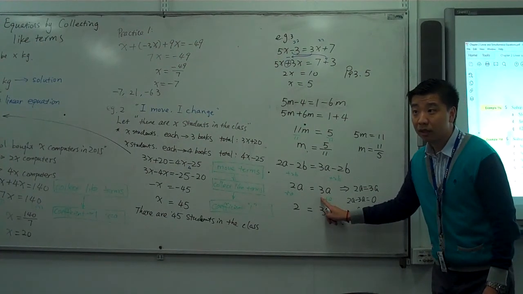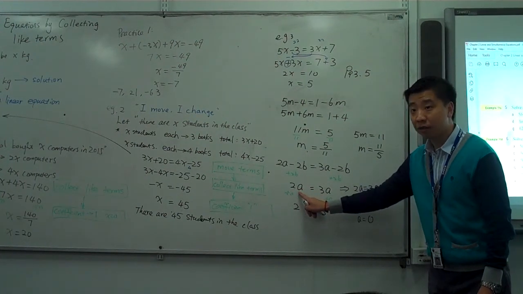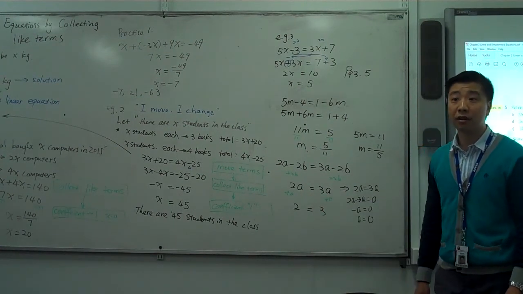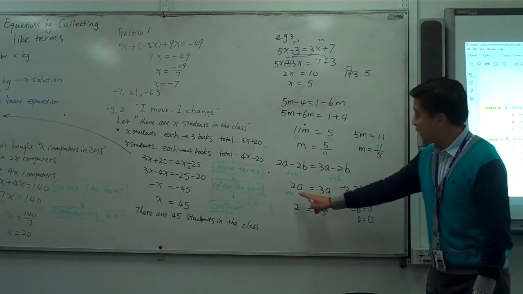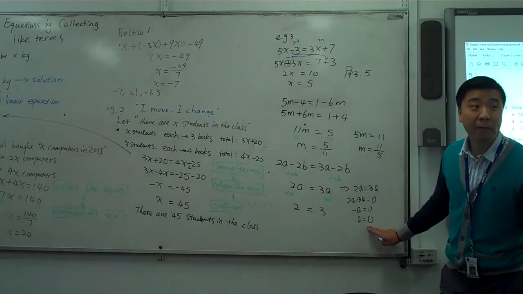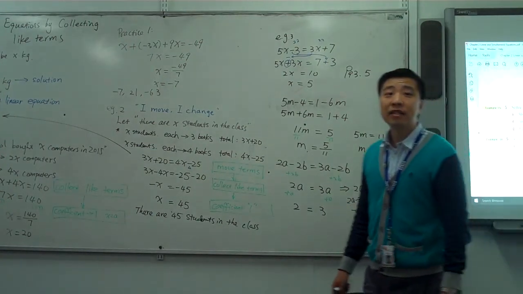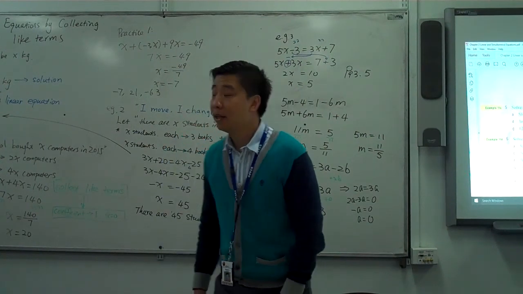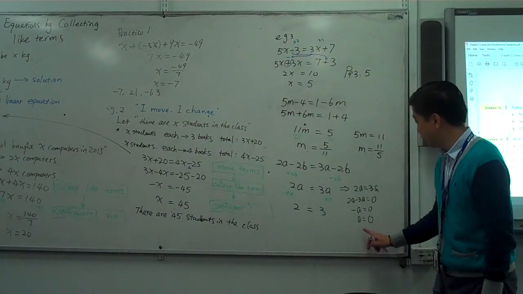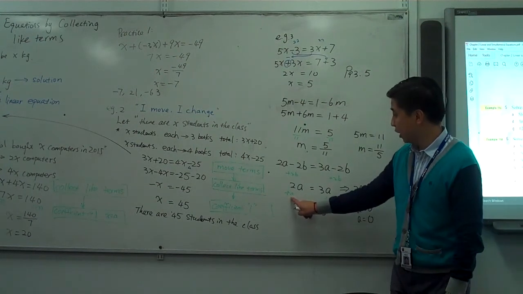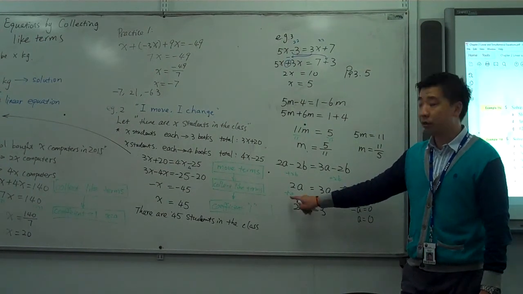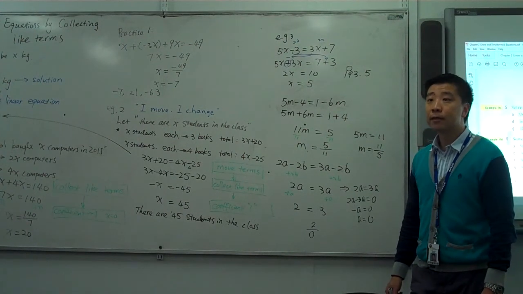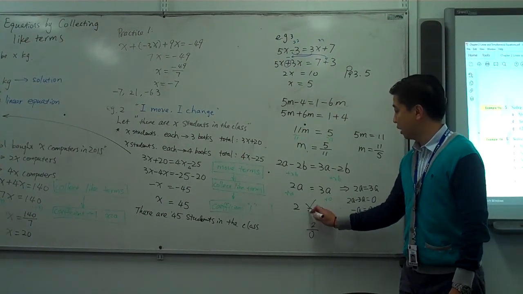Because 2a is 0, 3a is 0. 0 equals 0, that's correct. Now, I divide by a. That means I divide by 0. Can 0 be the denominator? No. From primary school, you learn the denominator cannot be 0. 2 over 0 does not make sense. So this one is not correct.